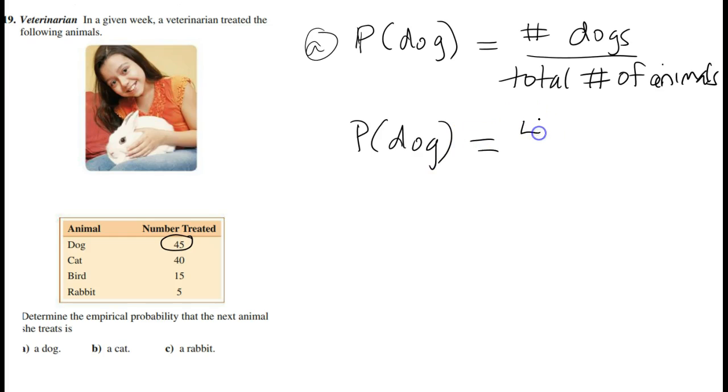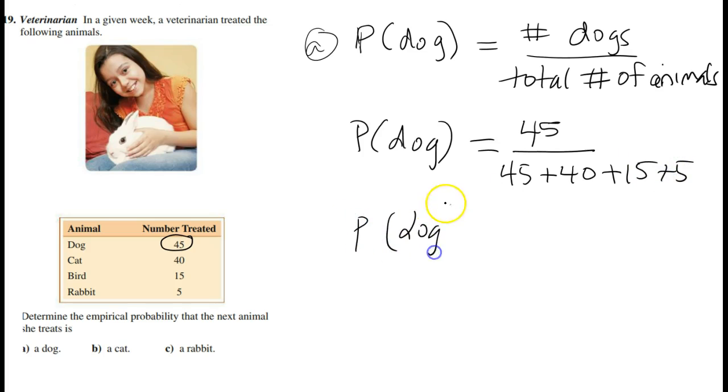So the probability of the next animal being treated as a dog is going to be 45 divided by the total number of all the animals, so we need to add up how many animals were treated. 45 plus 40 plus 15 plus 5. 45 plus 40 is 85, plus 20 is 105. Let me get a calculator and make sure I added that correctly. Yep, 105. So 45 divided by 105.